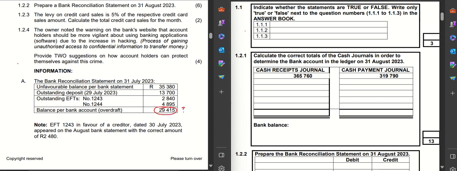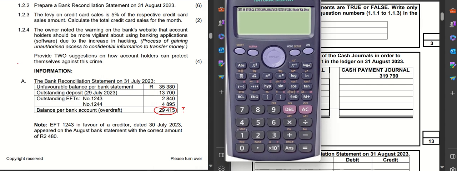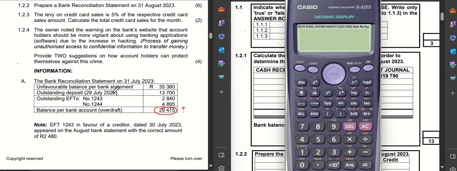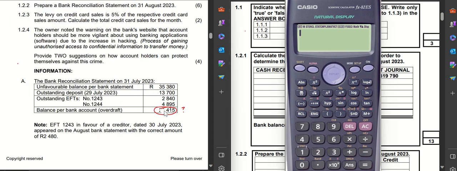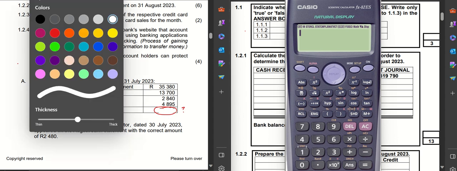Can you get that amount? Are you able to calculate that amount? What should you do in the event that the examiner does not give us this amount? How would we get this particular amount?